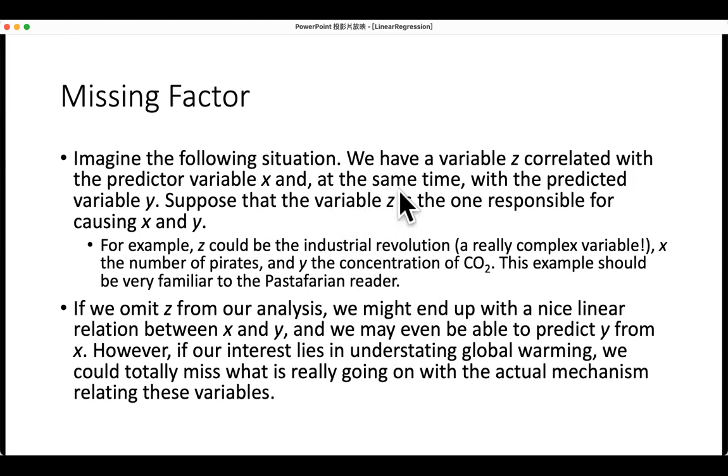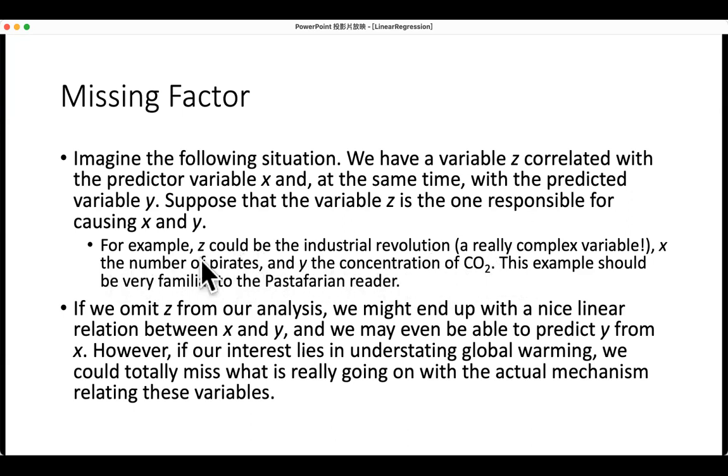Do we have an example? Yeah, here. Z could be the Industrial Revolution, because we know it's the Industrial Revolution that caused the number of pirates and the concentration of CO2.